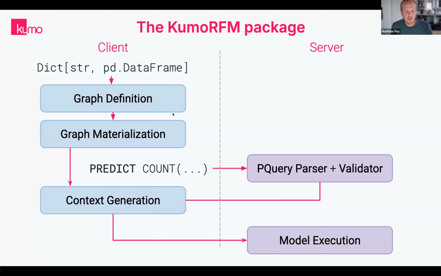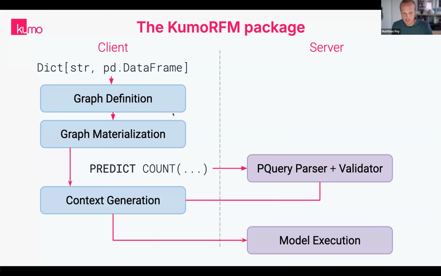This definition together with the data goes into what we call the graph materialization phase, where we construct edges out of that and we sanitize the data. That means we remove duplicated primary keys and so on. This process is fully in memory, but it will not load up your memory. So if you can load your pandas data frames into memory, then adding this graph materialization step has little to no overhead.